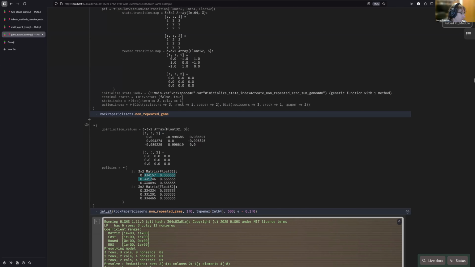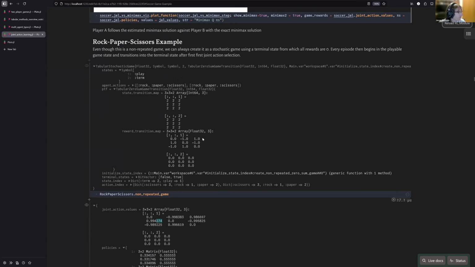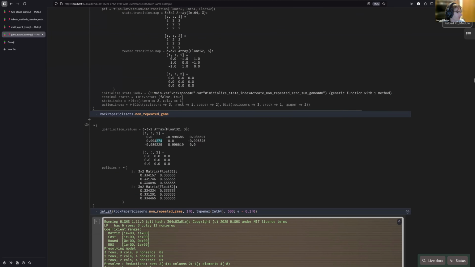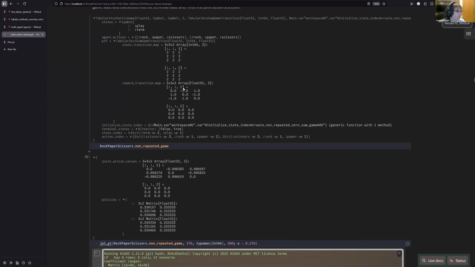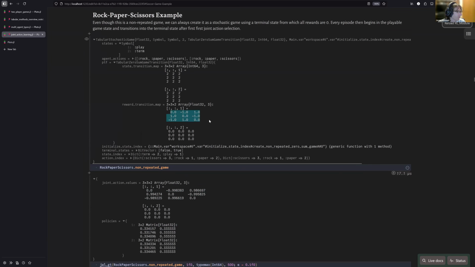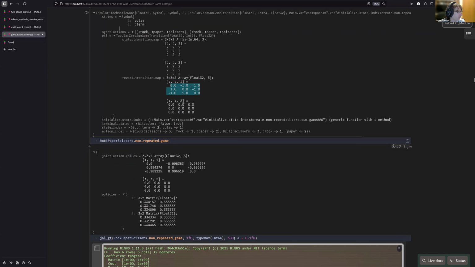Because in order for these values to truly be 1/3, this has to be completely converged, where this is -1 and 1, this is 1, -1. So that's just to show that these policies are computed with that linear program from the learned joint action values. If we were to solve this game with the true values of the rock, paper, scissors game, these values would all be 1/3.